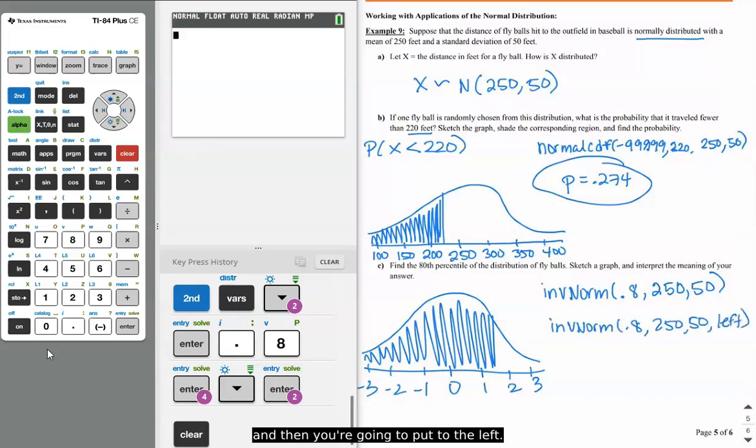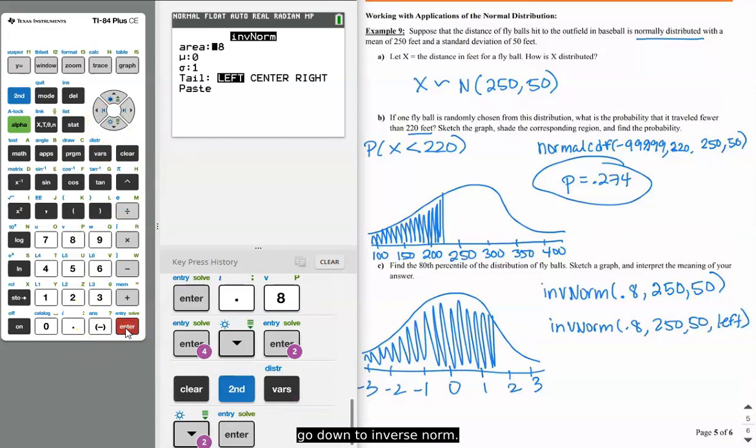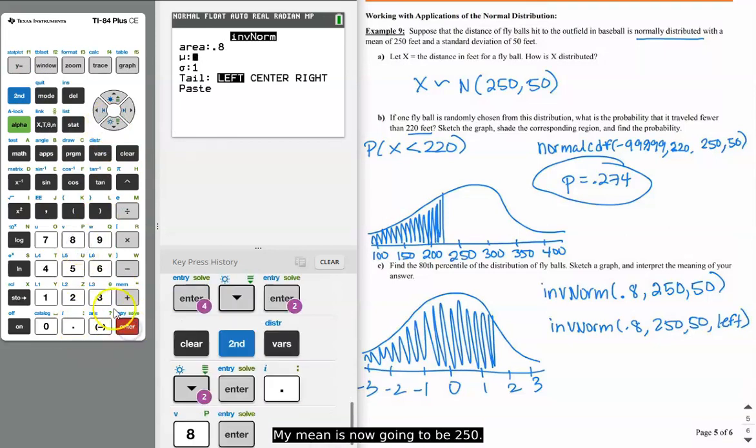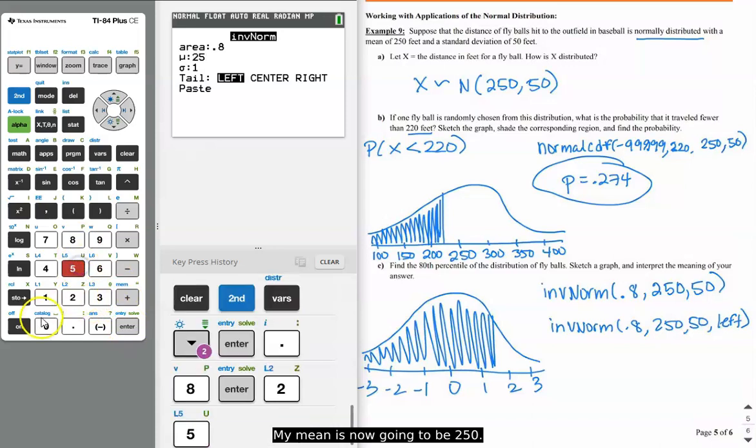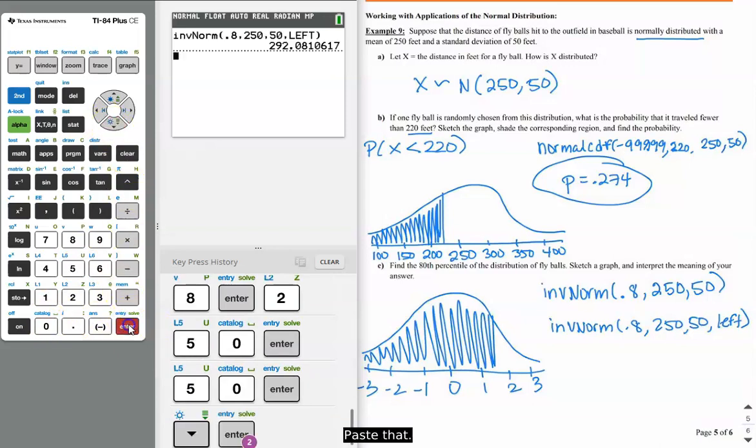So we'll hit second, our distribution button, and go down to inverse norm. Area is 0.8, my mean is 250, my standard deviation is 50, and then left. Paste that. So I end up with x to be 292.08.